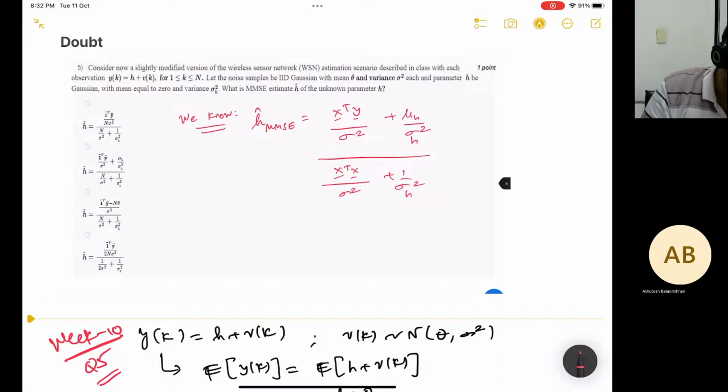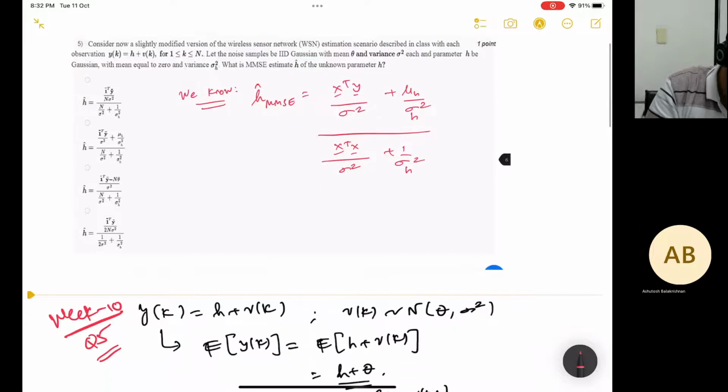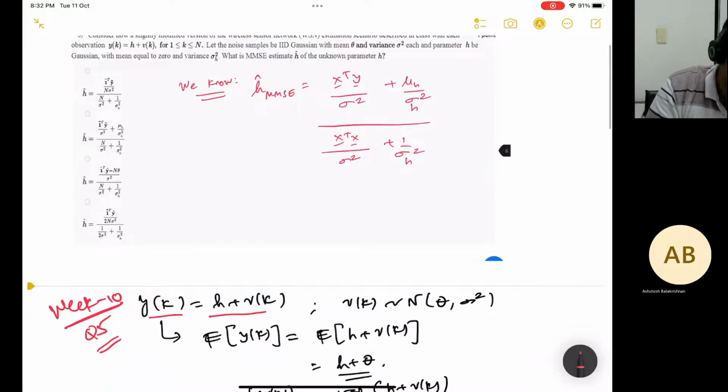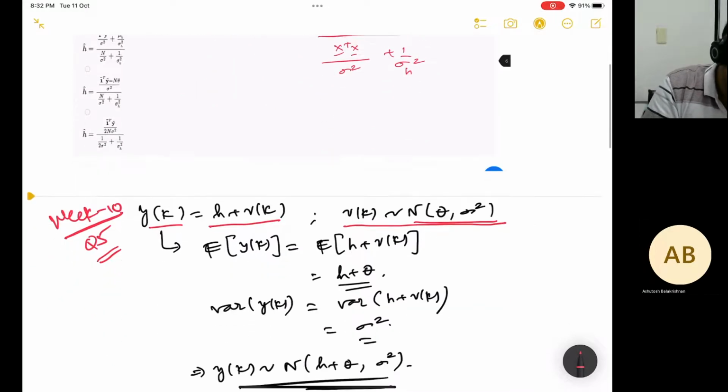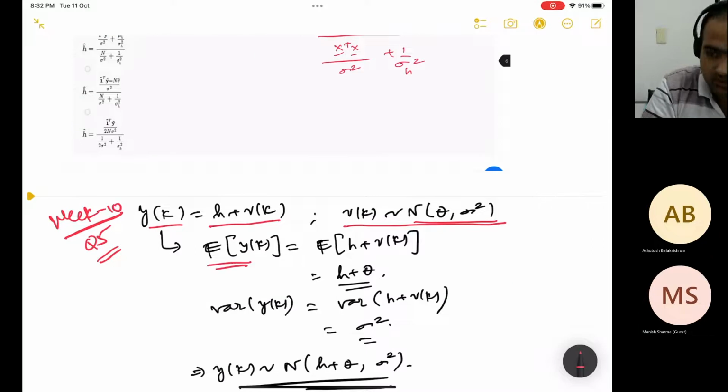So we have been given that yk is h plus vk, and vk is distributed as a Gaussian random variable with mean theta and variance sigma square. Since we have this, in this setting, what will be the expectation of yk? The expectation of yk comes out to be h plus theta.